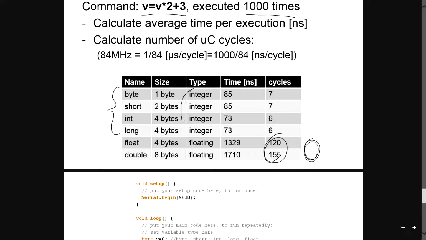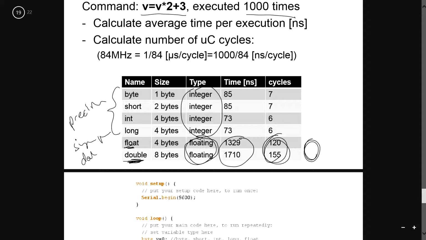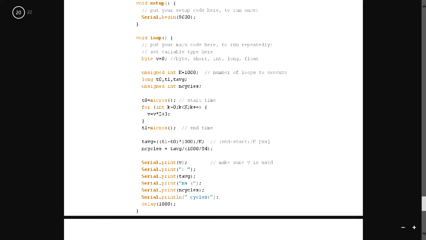These are all integers, these are floats. So the float takes a lot of time and many cycles in order to give more precision. If you want precision, the float is good, but it takes a lot of time to cycle. The double is just simple, telling you it is double precision, and the float is single precision. So these are the things you may need to understand.